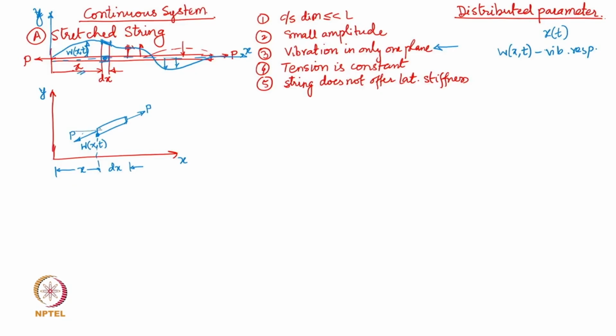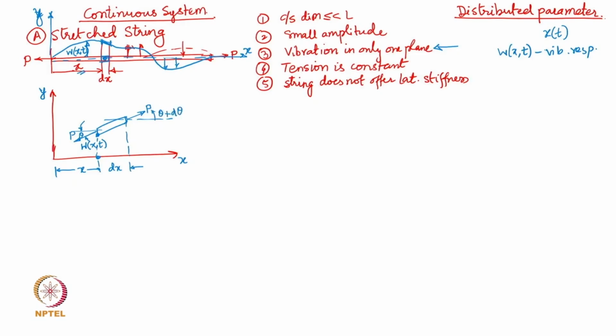At this extreme end, the angle made by the tension in the string is theta, and as the string vibrates, at the other end at a distance dx from this point the slope might change, and that small incremental change in the slope is d theta.